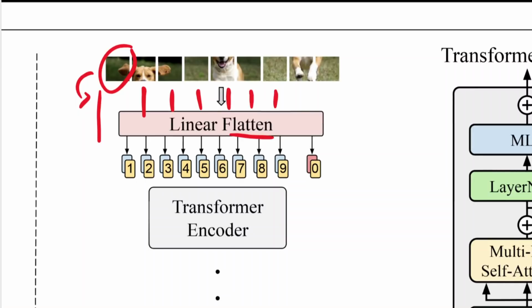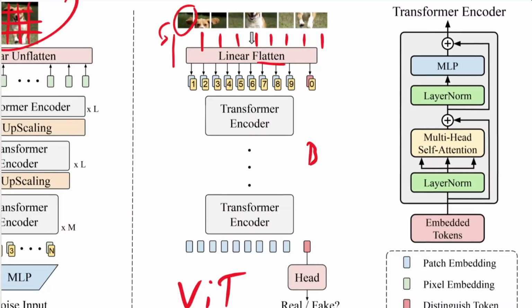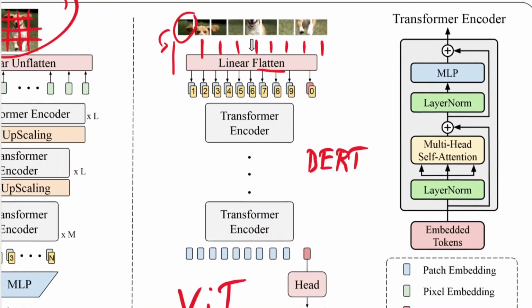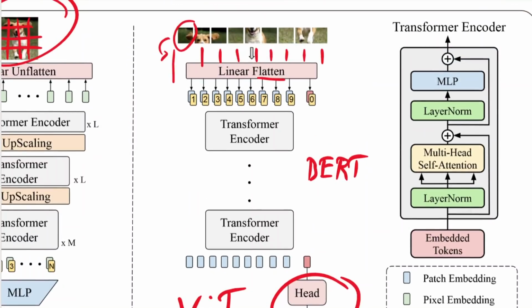And then you can simply apply your regular transformer architecture. So every patch becomes a vector, like a word embedding, and then you just go ahead and put a transformer encoder. So this is very much like BERT, for example. It is a similar architecture. And at the end, you simply classify whether it's real or fake.